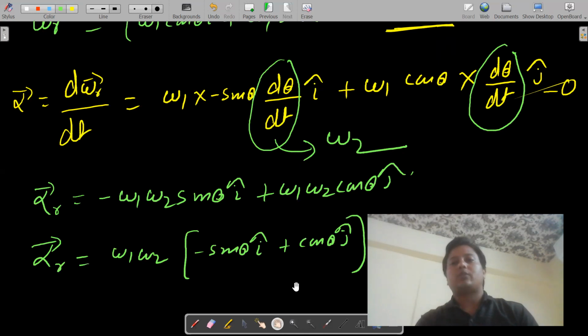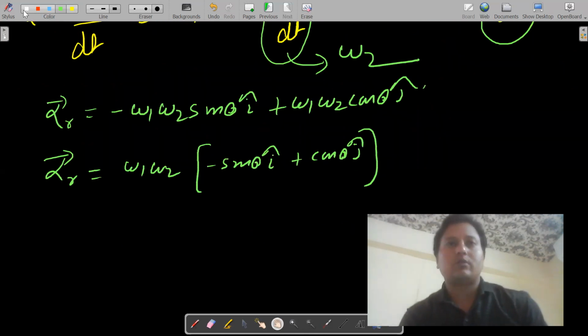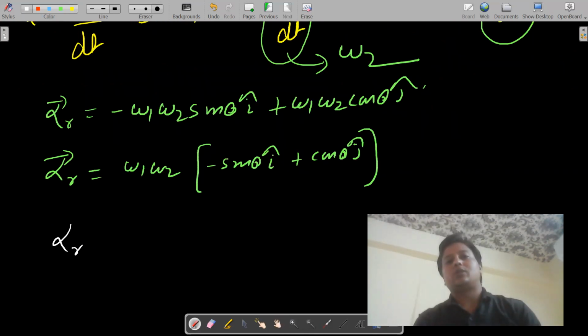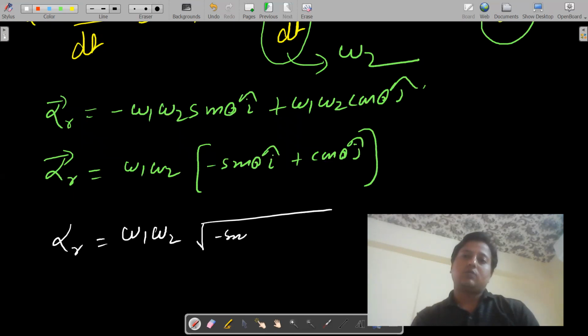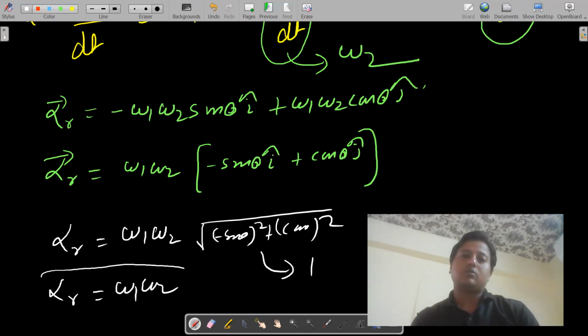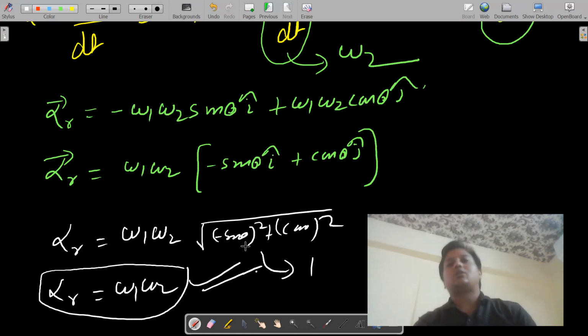This is the vector form. If we are talking about the magnitude of the resultant relative acceleration, that will be omega 1 omega 2 under root minus sin theta square plus cos theta square. That comes out to be 1. So the resultant acceleration will be omega 1 omega 2. So this is our required answer.